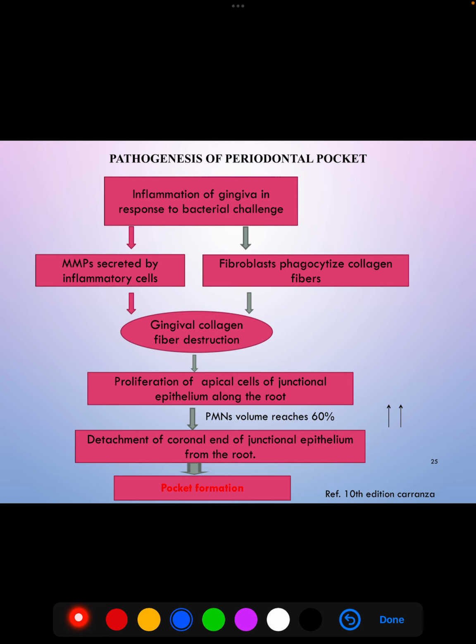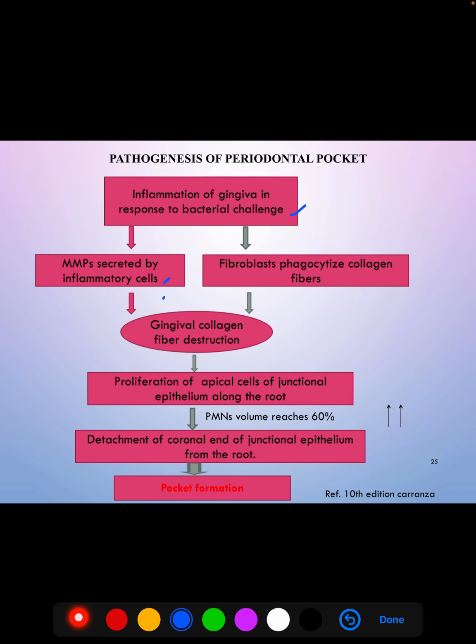Let's see what is the pathogenesis, or the reason for formation of the periodontal pocket. The bacterial challenge or plaque leads to inflammation of the gingiva. As a result, the inflammatory cells secrete matrix metalloproteases or MMPs. Also, the fibroblasts phagocytose the collagen fibers.